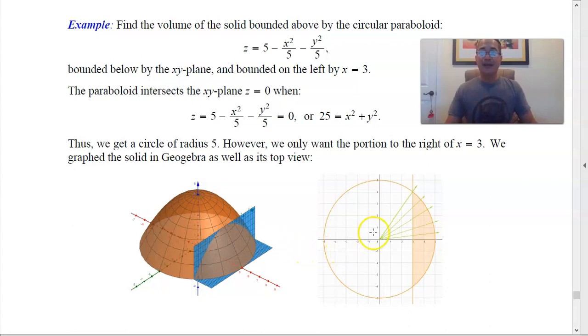Okay, so why is this good for a polar region? First of all, symmetry. Notice that the upper portion and the lower portion are exactly the same. Just like in basic calculus, when that happens, you can take half of the solid, half of the area, and just multiply by 2.